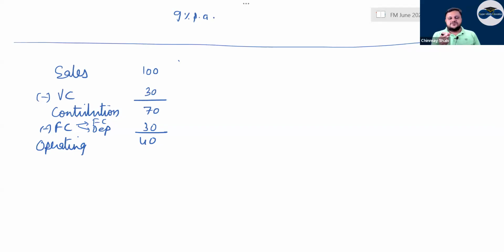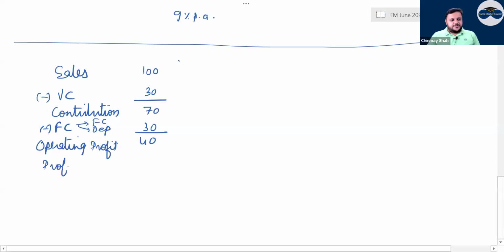So 40 is your operating profit, also called PBIT, profit before interest and tax. Sales minus variable cost minus fixed cost gives you operating profit, or PBIT.